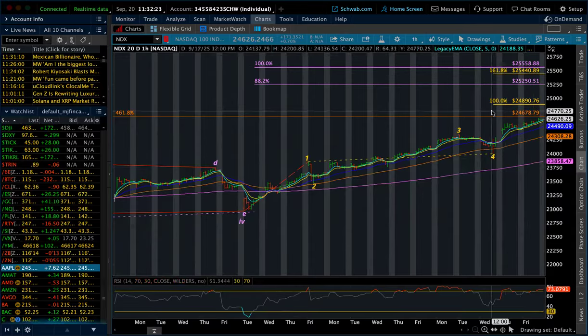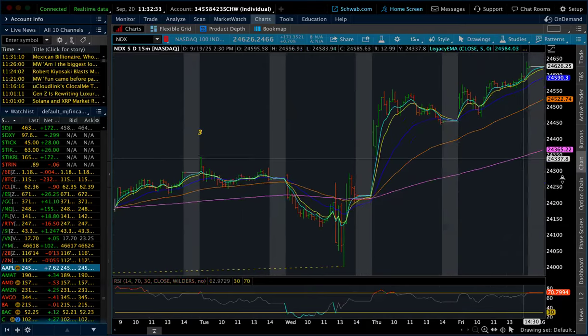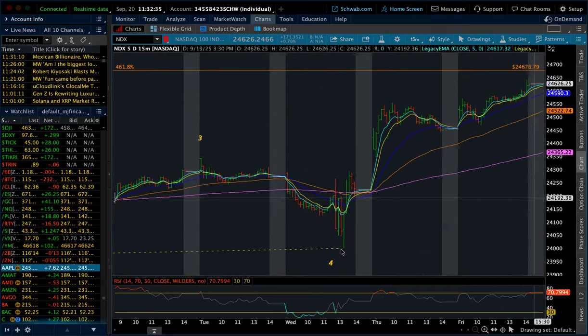But once again, I am going to state, if we get up here and I've got 5 waves, I'm going to bring it down to that 15-minute chart so we can take a look inside of this. All right, so there is that fourth wave. And 1, 2, 3, 4, 5, then 1, 2, 1, 2, 1, 2, 3, 4, 5, 4, 5.